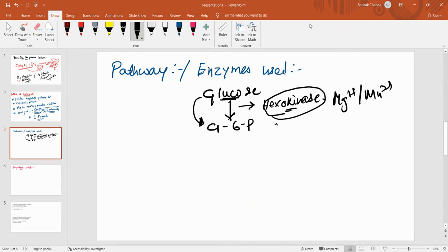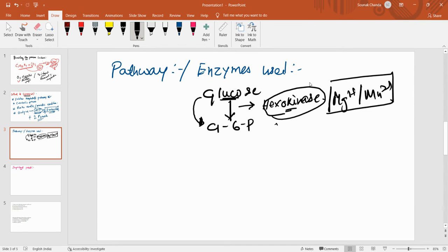So most enzymes basically work in collaboration with metals. And the first enzyme that helps in the conversion of glucose to glucose 6 phosphate is hexokinase.